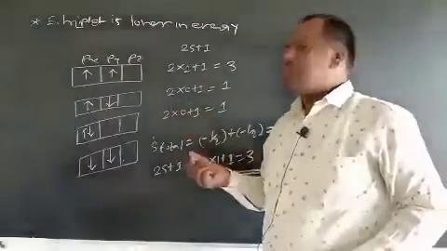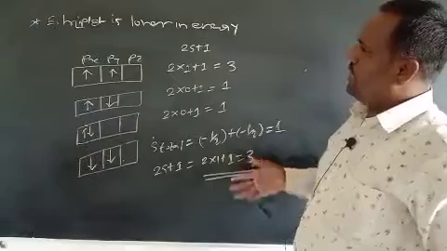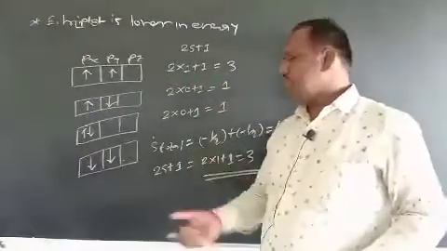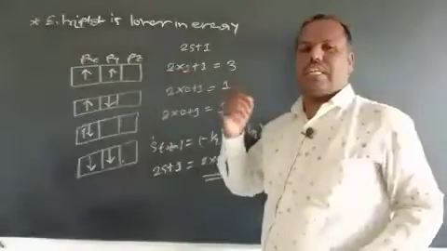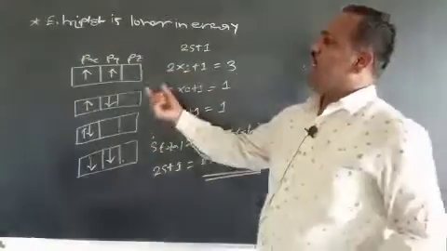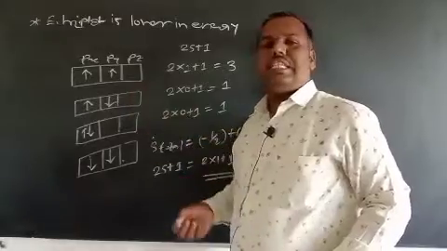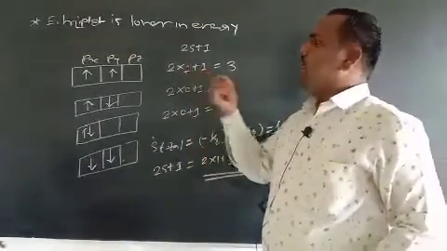So which is a possible arrangement for these 2 electrons? We know that according to spin multiplicity, the state or the configuration which has maximum multiplicity is lower in energy.